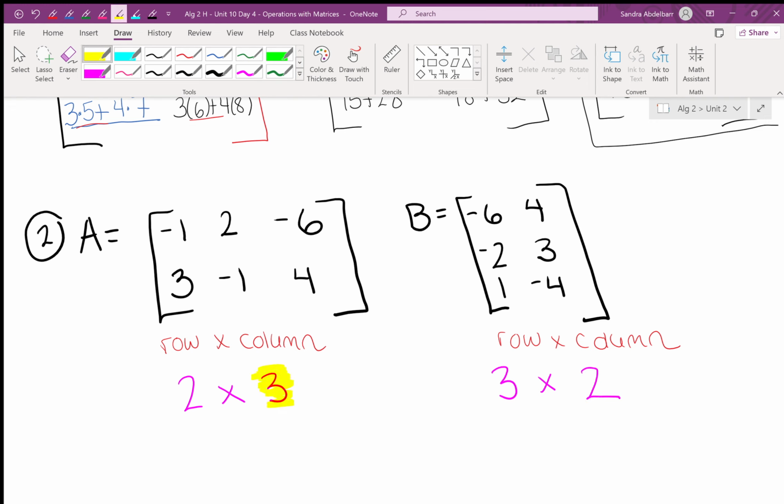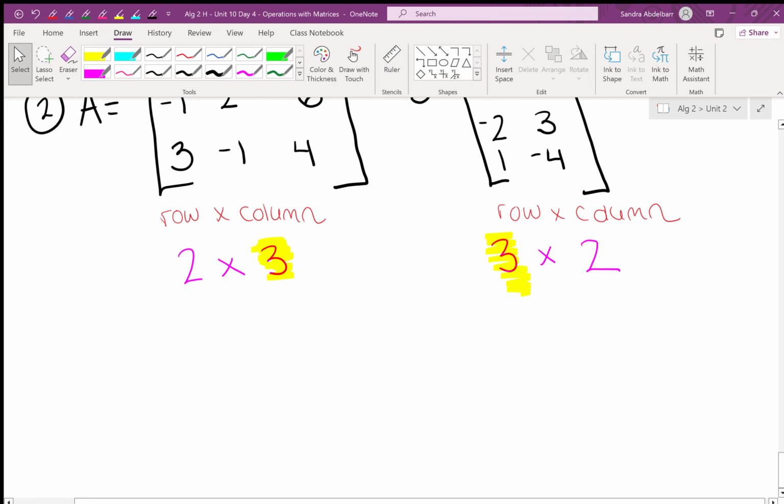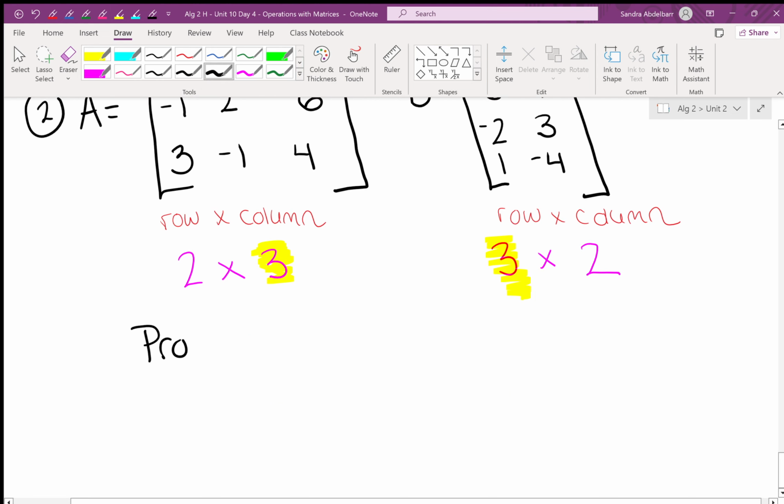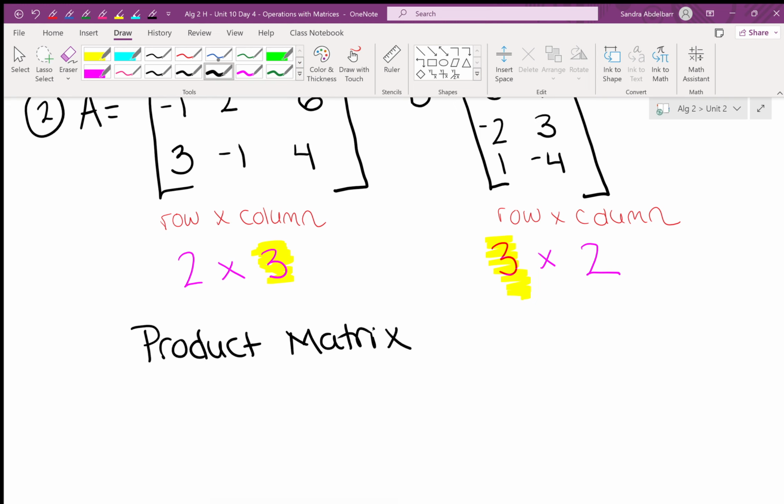The number of columns in the first one has to be the same as the number of rows in the second one. So now our product matrix will be the remaining dimensions put together. So my product matrix will be a 2 by 2.